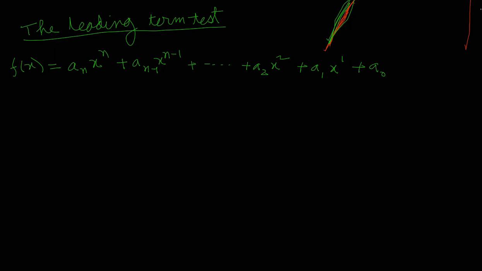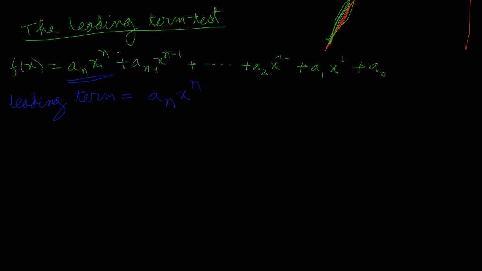Now, as you know, this is my leading term with the highest power, which is n in this case. So what is my leading term? My leading term is a_n x^n.